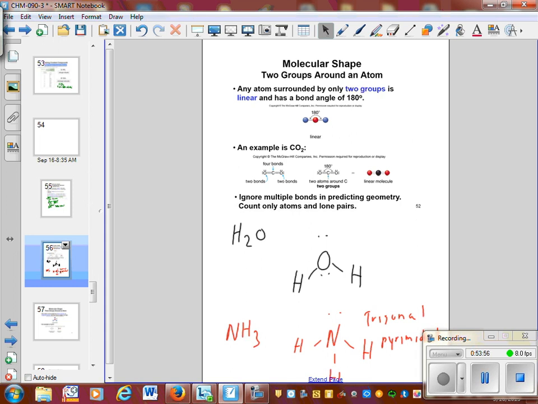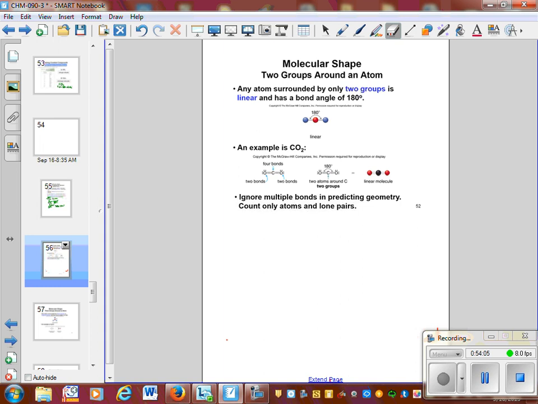Let's look at CO2. Thing you have to remember, we have to look and see how many groups are around the central atom. What makes up a group?